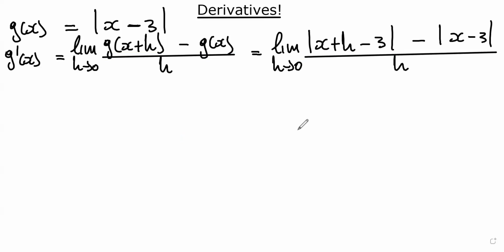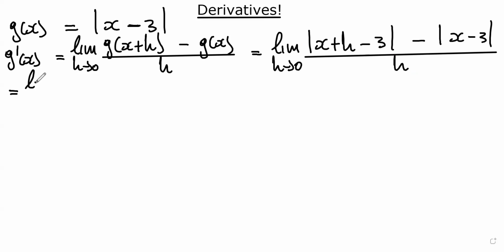Now the question is, where to from this point? Because if we use direct substitution, h will be 0, but then the numerator will also be 0. So we have a 0 over 0 case. And the question is, which algebraic manipulation are we going to perform in this case?